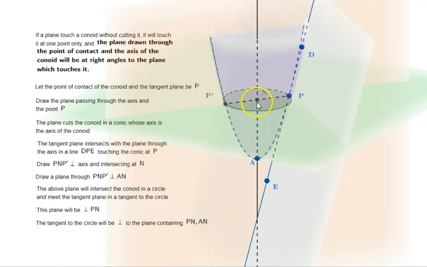PN and AN, they'll both lie on this orange plane. So the plane containing AN and PN is perpendicular to the tangent plane. So that was proposition number 15 of works of Archimedes, specifically from On Conoids and Spheroids.